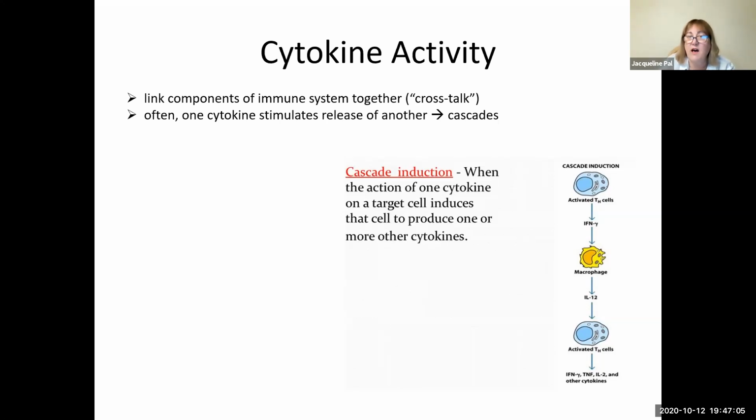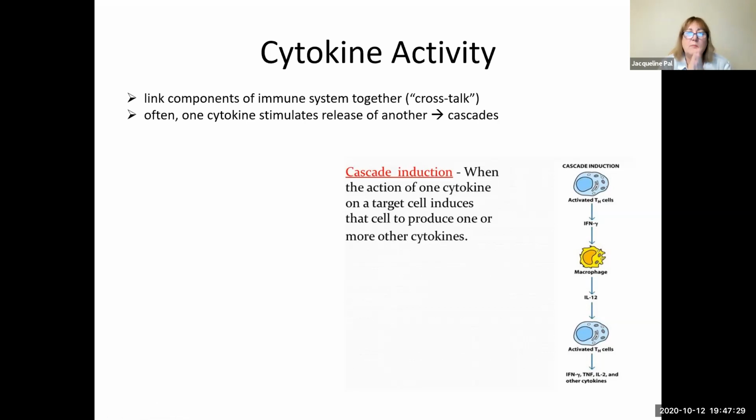And interleukin 12 actually goes back and works on activated helper T cells, the cell that started this whole cascade. And now this activated T cell will not only secrete interferon gamma, but also tumor necrosis factor and another interleukin called interleukin 2, as well as other cytokines.